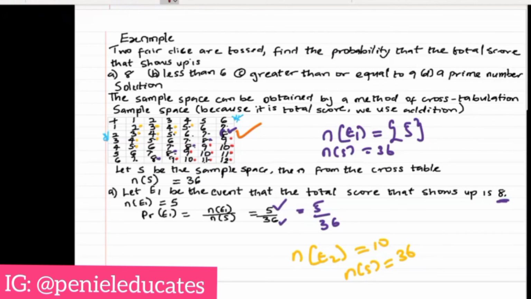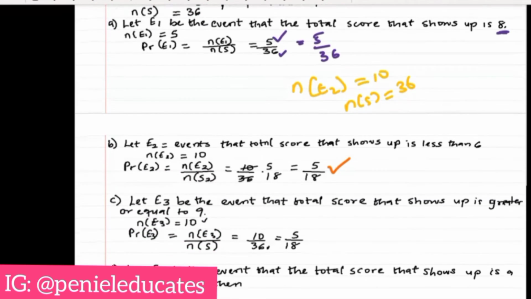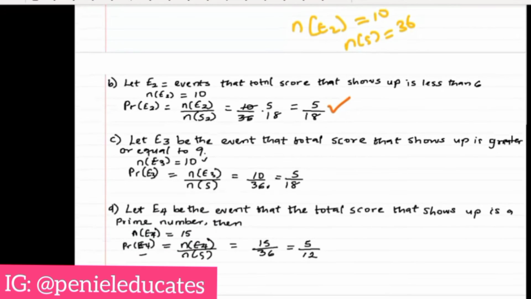So the number of outcomes for the event that is greater than or equal to 9 is 10. Then don't forget our sample space. Then we have 10 over 36, and the probability is 5 over 18.